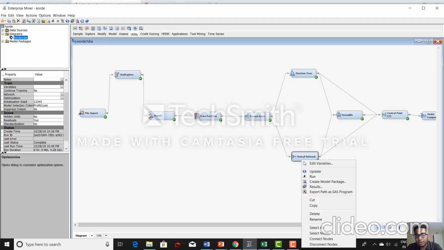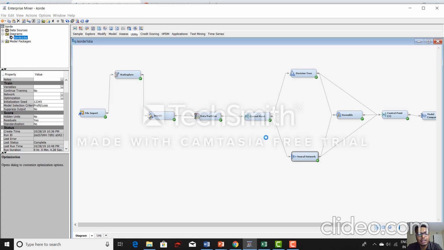Looking at the neural network's results, we will be able to see the different weights that our neural network has applied to our input data.